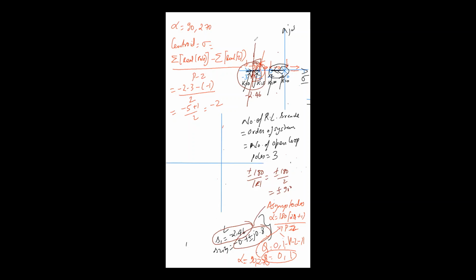So pole is present at origin, then zero is present, then again pole is present, and again pole is present.